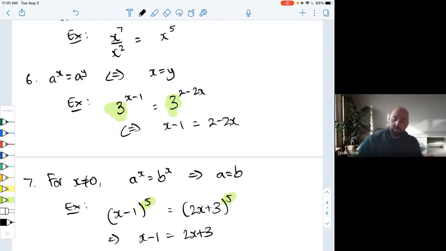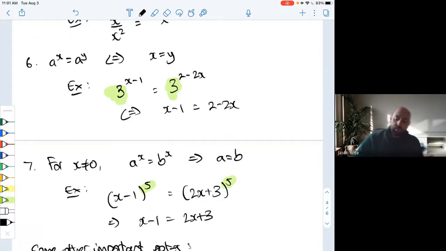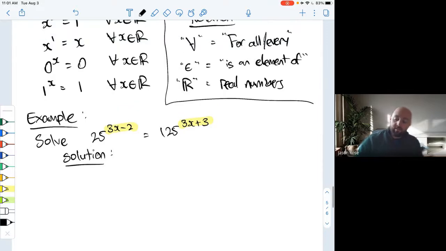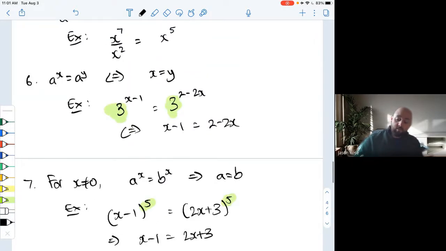Looking at number 6, I think it would work nicely here because what we have is variables stuck up in powers. We'd like something that can get those variables out of powers and onto a regular line with an equation that can then be solved. Property 6 takes variables from powers and puts them into a nice little equation that we can hopefully solve.